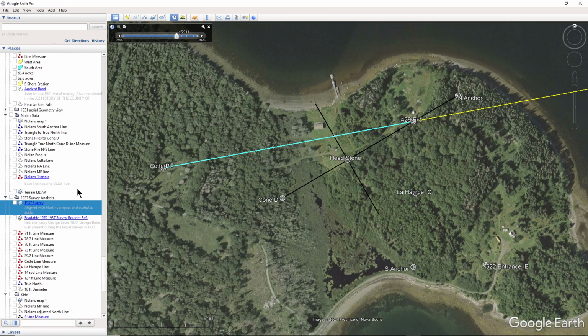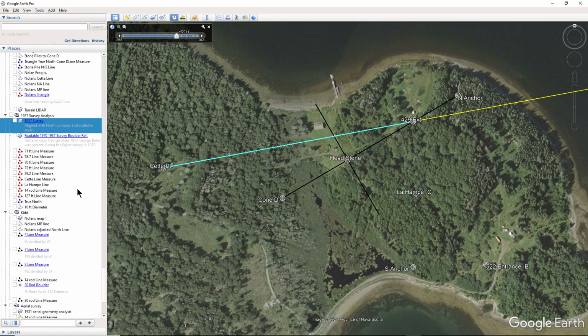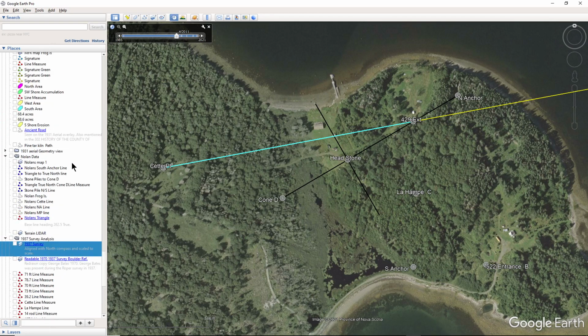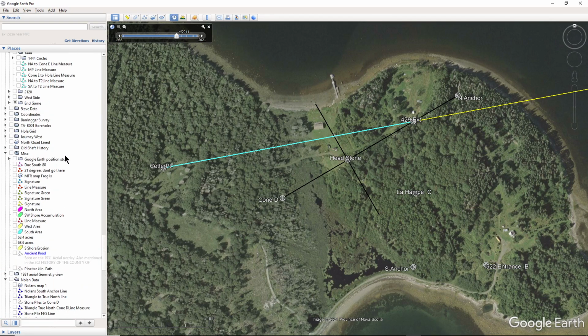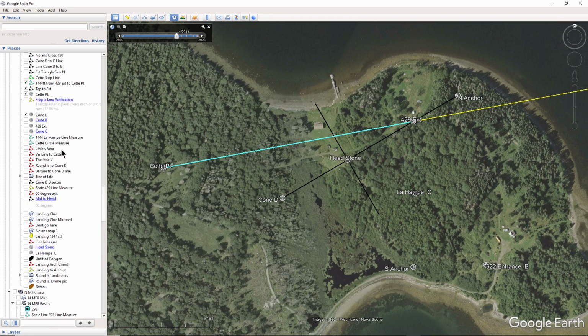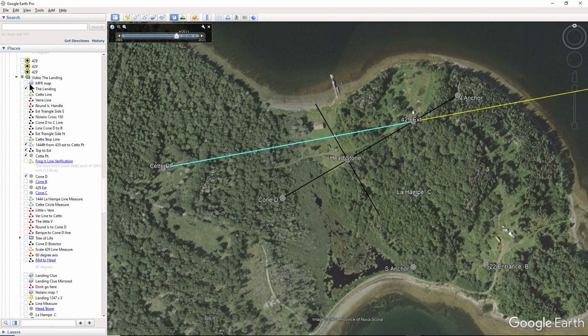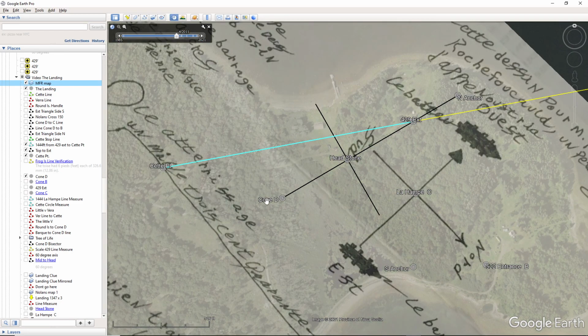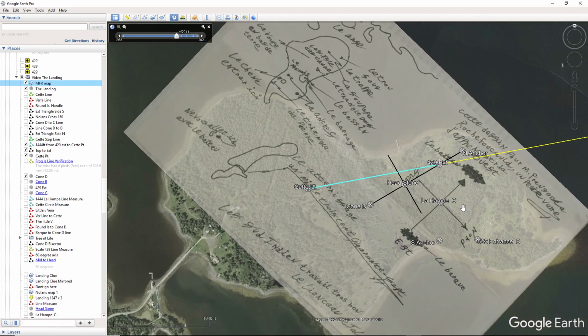The Rochefoucauld map is part of the vault theory, and it is basically a map of Oak Island and some various points that are to be found. But this is the Rochefoucauld map, and this is developed through this poem and these lines. If you watch the video called The Landing, you'll understand better.